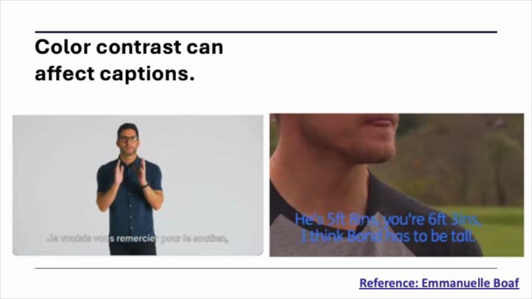On screen on the left, I have a screenshot of a gentleman speaker standing in front of a light gray background, and unfortunately, the captions are overlaid in light gray. They are basically unreadable. I think they have a black outline to all the letters. It is not helping whatsoever. This is unreadable. In the screenshot to the right, I have a different screen cap from Emmanuel Bouffe's presentation showing a speaker, the lower part of his face and his shirt.